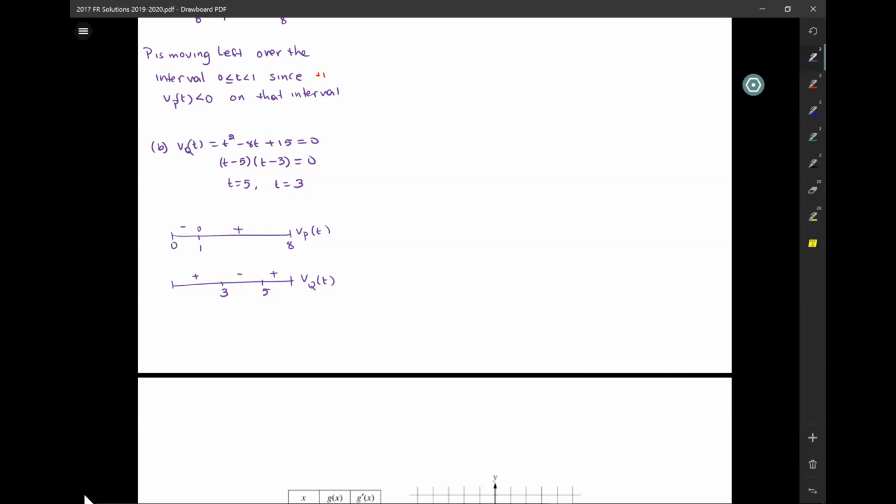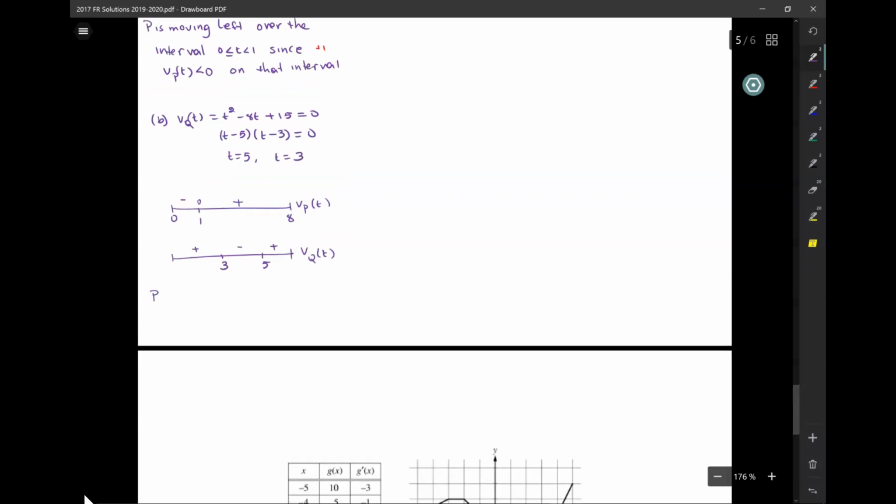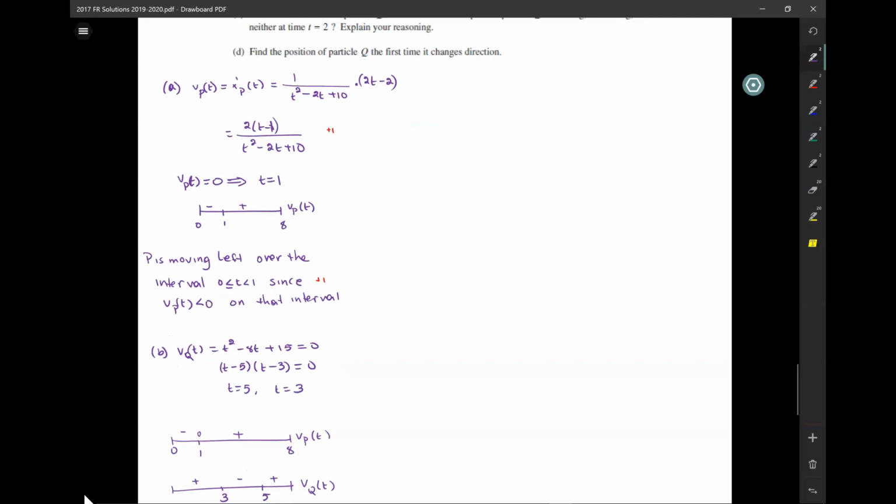Why not V? Isn't V the velocity and the other one's the position? Yes, but this is if they're traveling to the left or right, if they're traveling in the same direction, not where they are. Not their position, but which way they're going.